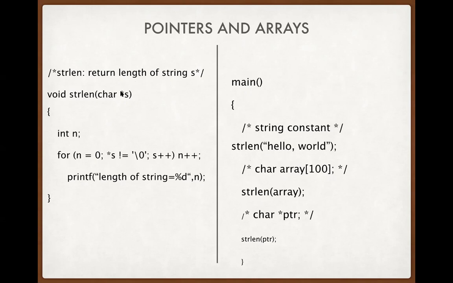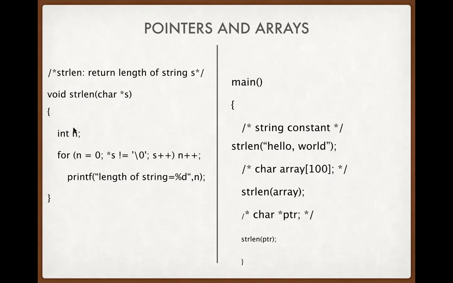So in all these cases you're passing the address, and now S is going to point to the base address of the string, right? So S is actually pointing to the address of the first element of the string.